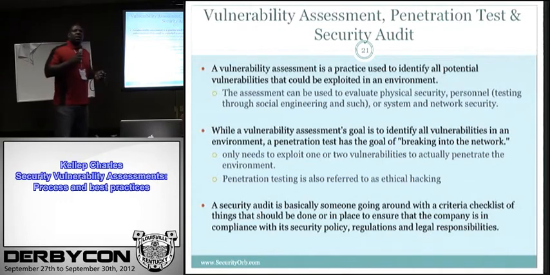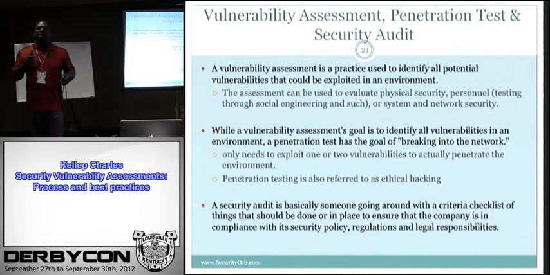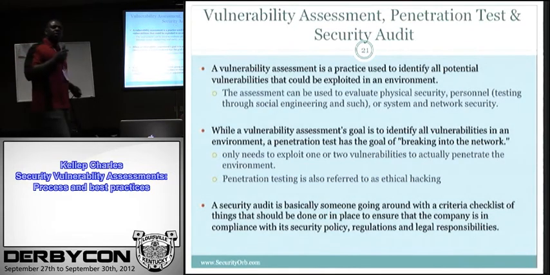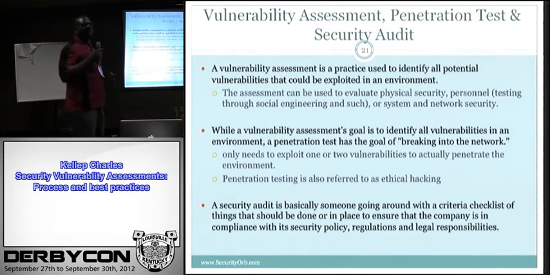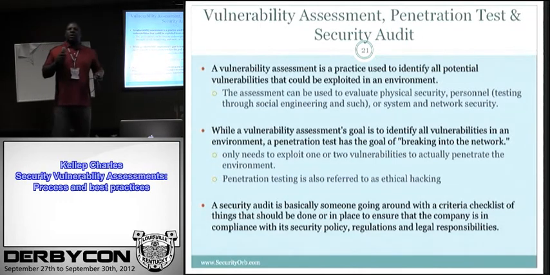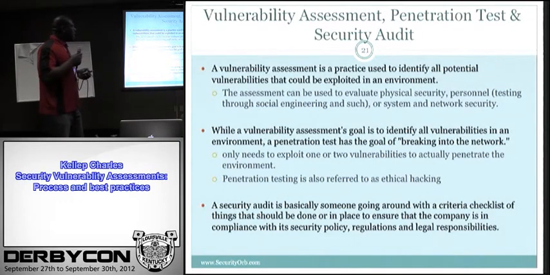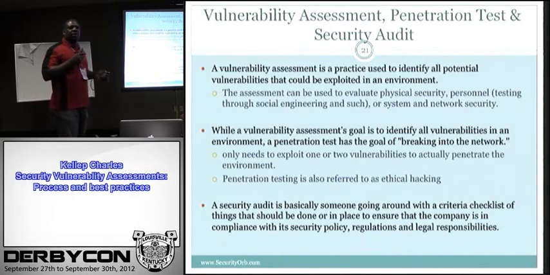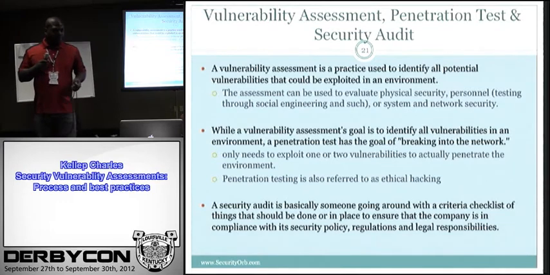With pen testing, you're mainly just trying to break into the system, so you may only discover one or two vulnerabilities, but you want to prove that you can break in. A security audit is more of a questionnaire type thing. You have the NIST 800-53 questionnaires, and you go through the process of asking the questions and making sure that the client or the assessee is in compliance.